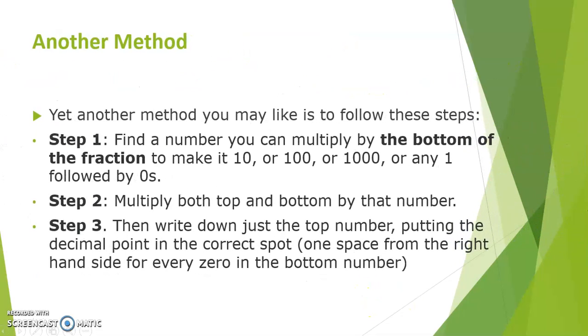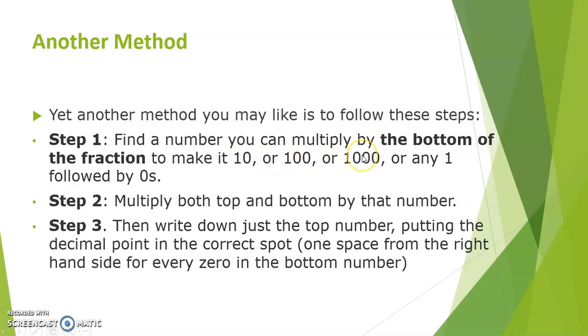And using another method, because we have two methods. The first method is the use of long division, and this is the other method. The first step is to find a number you can multiply by the bottom of the fraction, meaning the denominator, to make it 10, 100, or 1000, or any of the following zeros, maybe 10,000, 100,000, and so on.